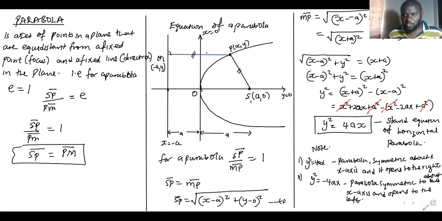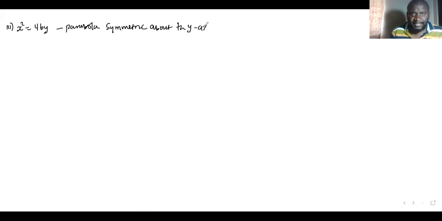So the third definition, guys: the parabola can also be defined in this form. X squared is equal to 4by. This one is a parabola symmetric about the y-axis, and it opens upwards.